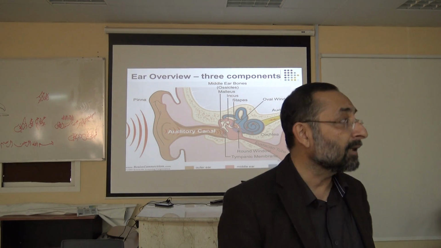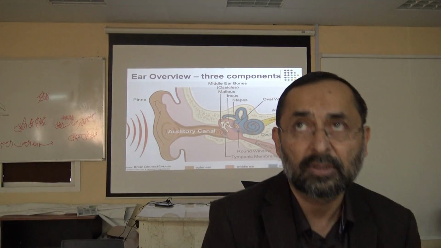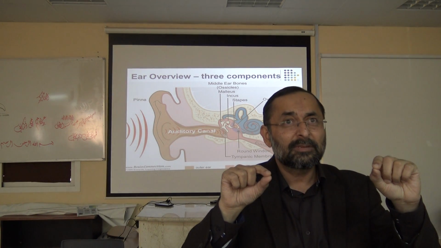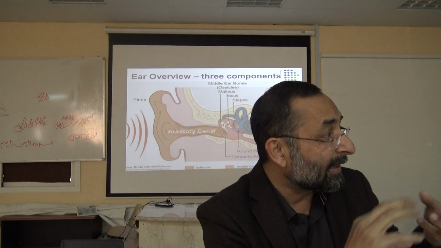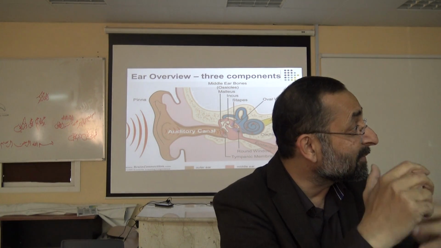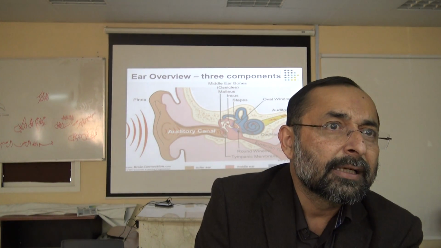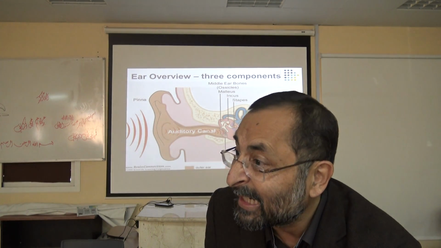Muscular supports are there. There are the ligamentous supports also. The ligaments are also supporting these structures. These bones are very small. These are the smallest bones of our body, and they have synovial joints between them. Their weight is approximately 55 milligrams.